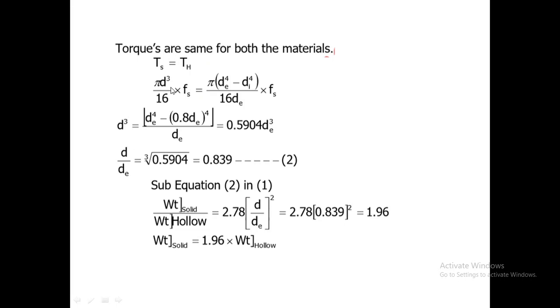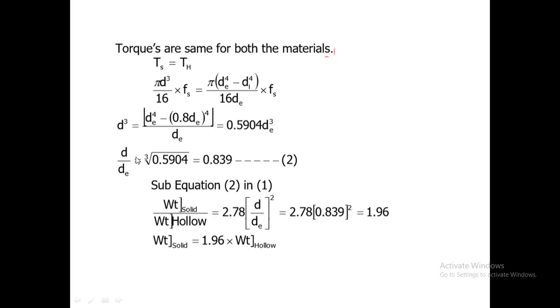So now we are getting one more equation which expresses the ratio of d and de. If you simplify this equation, since the metal is the same, shear stress intensity also will be the same. So we can express the value of d in terms of de.